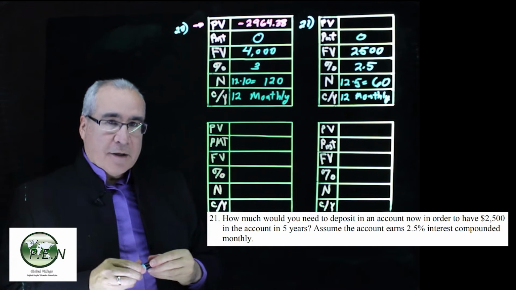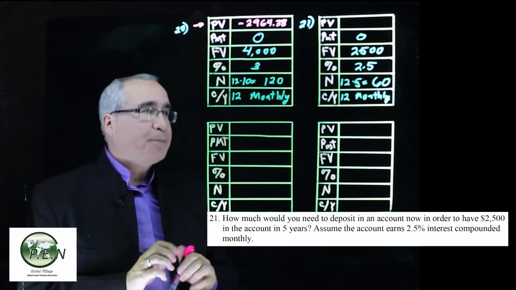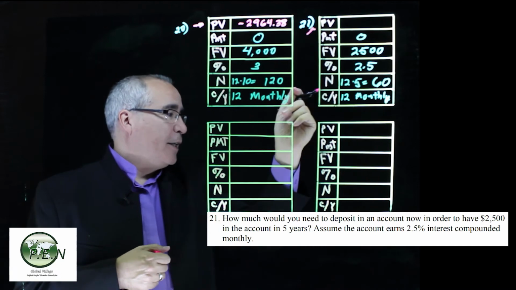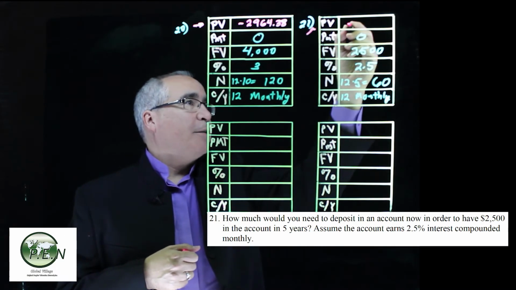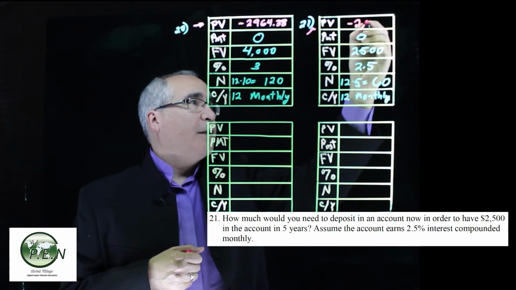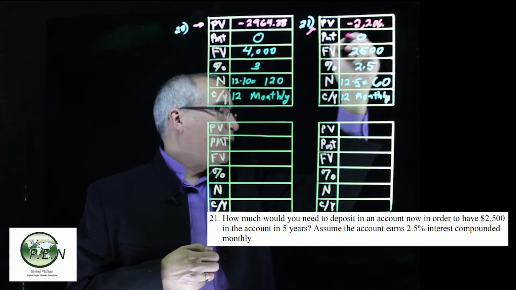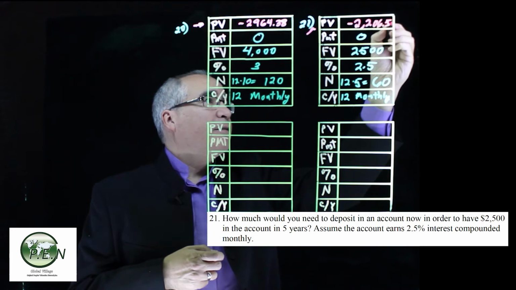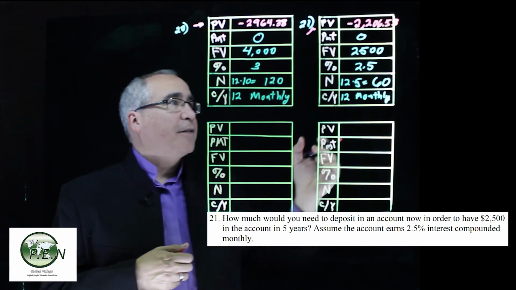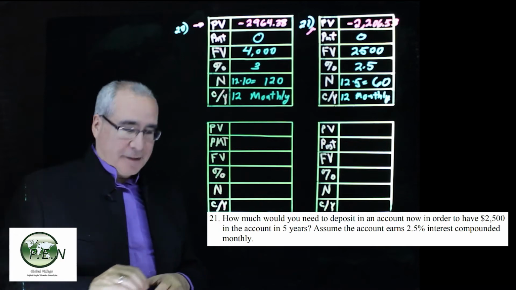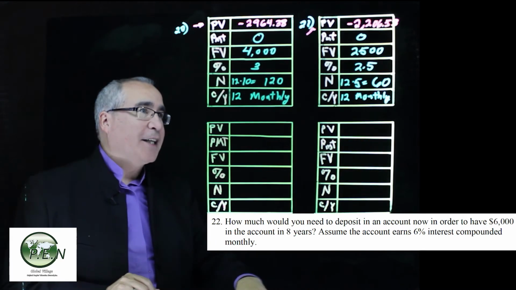We click on the present value button right there, and we'll find that it comes up again as negative $2,206.53. Oh, my calculator ran out of room, but hopefully you can see that.